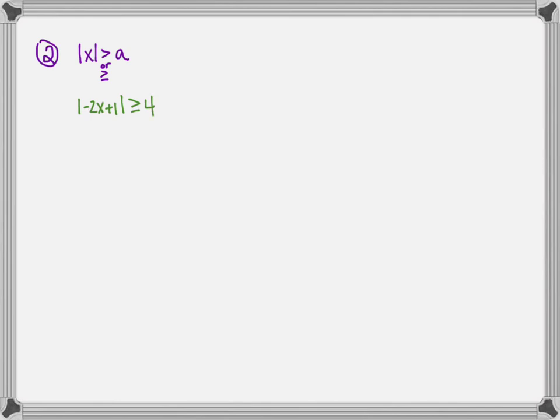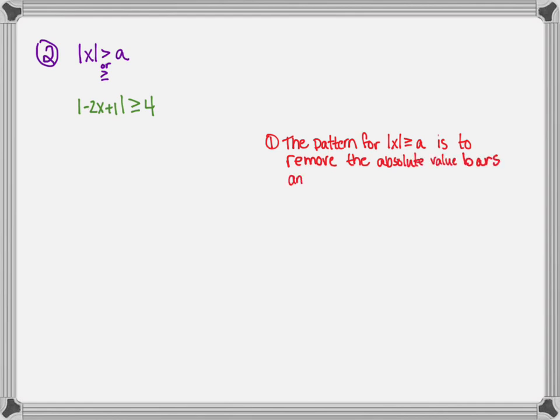So for example, the absolute value of -2x plus 1 is greater than or equal to 4. With this form, the pattern is to remove the absolute value bars and then write two inequalities with an or. Because we have a greater than or equal to, we've got the equal bar here.